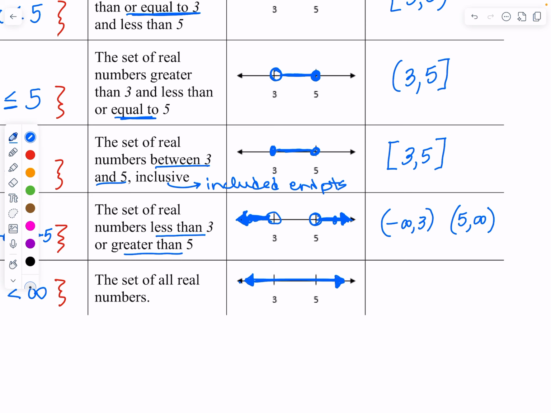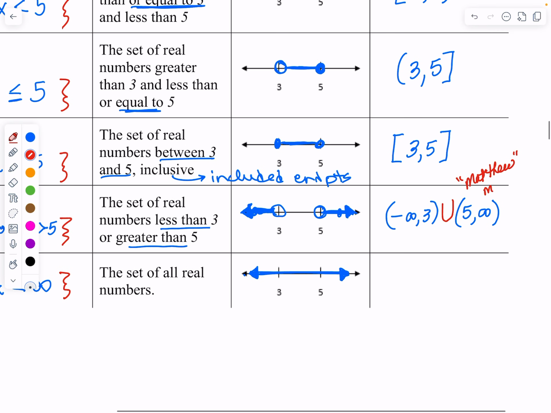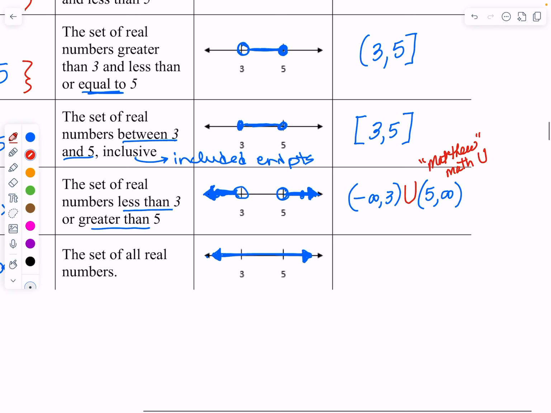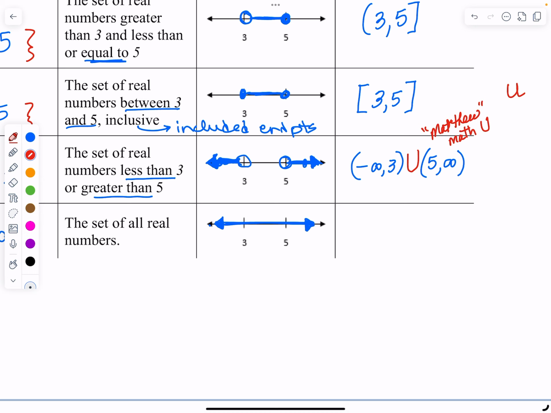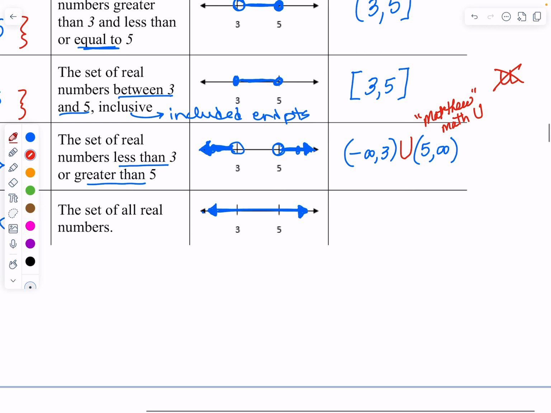So I like to connect these with a U, and I call this Matthew, because it is a math U. In other words, when you're entering it into MyLab, if you enter it as an actual U from your keyboard, it's going to count it wrong because that's not Matthew. So I usually connect them with a U, but sometimes MyLab will ask for them to be connected with a comma.